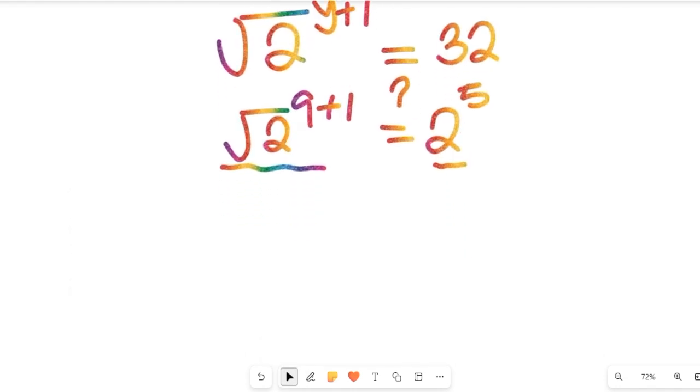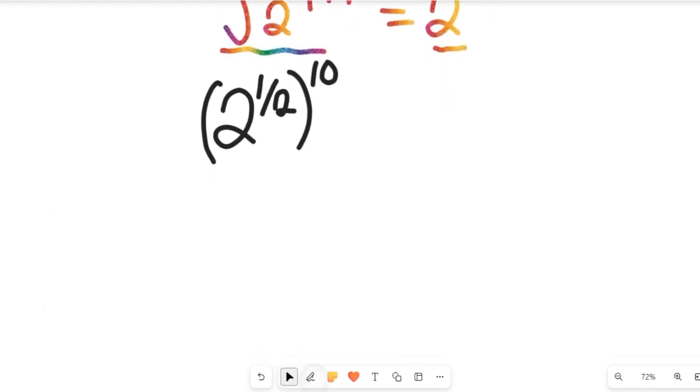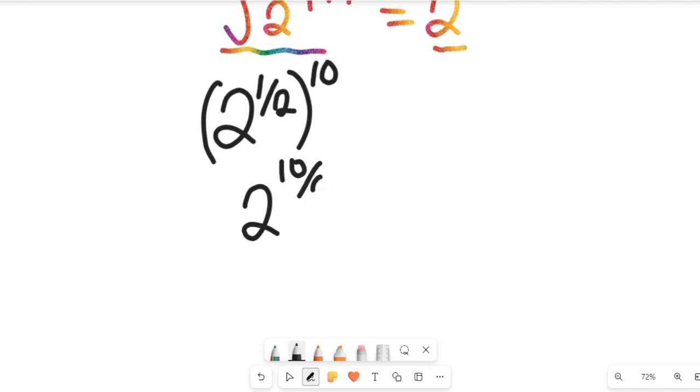Now, if we simplify this, will it give us 2 to the power of 5? Let's check it out. With the value that y is equal to 9, we'll have this give us 2 to the power of 1 divided by 2, and 9 plus 1 is going to give us 10. So the exponents will multiply: 2 to the power of 10 divided by 2. Now will this give us 2 to the power of 5?